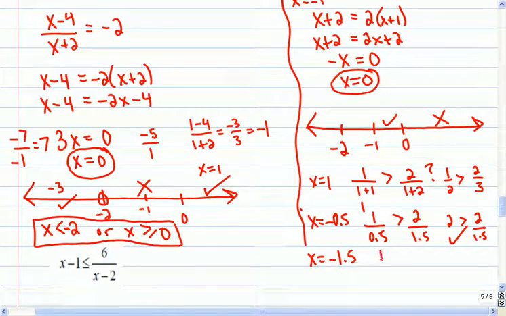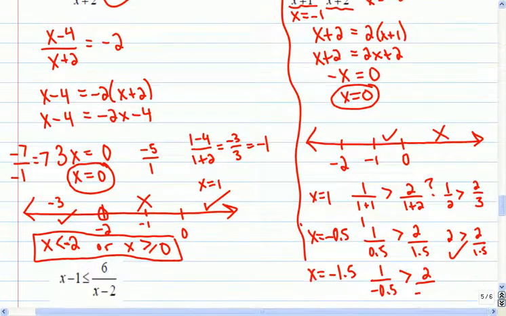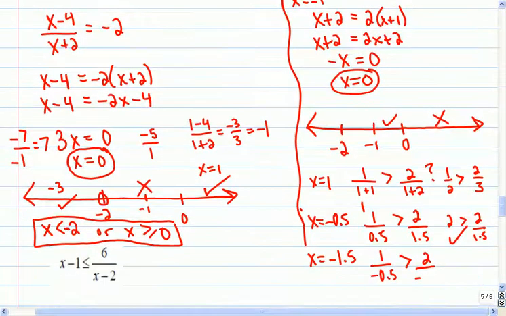So that'll be 1 over negative 0.5. Is that greater than 2 over 1 over negative 1.5? Okay. And that'll be just 0.5. So that's not true because this will be negative 2. Is that greater than 4?